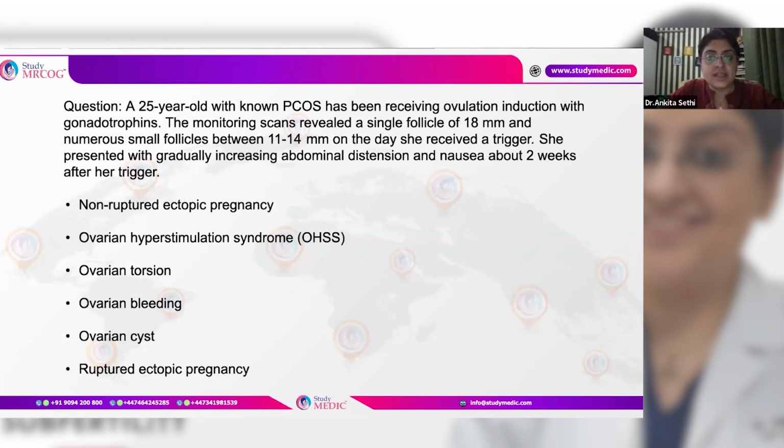So as you can see, the patient was receiving gonadotropin. There was a single large follicle of 18 millimeter, but there were numerous small follicles from 11 to 14 millimeter. And the symptoms are gradually increasing distension and nausea. This is pointing towards ovarian hyperstimulation syndrome.